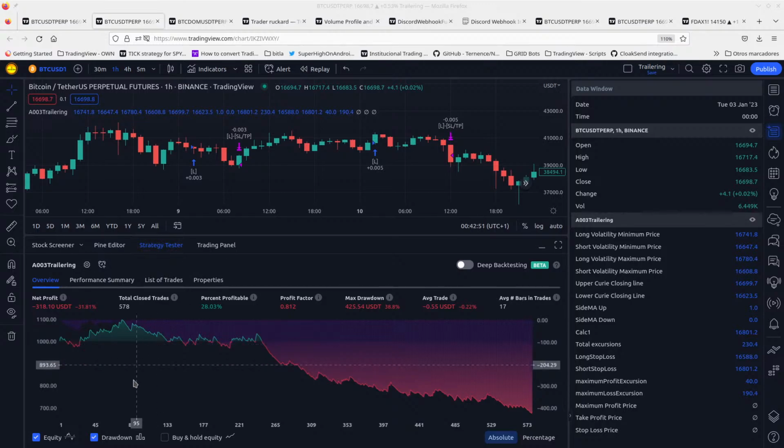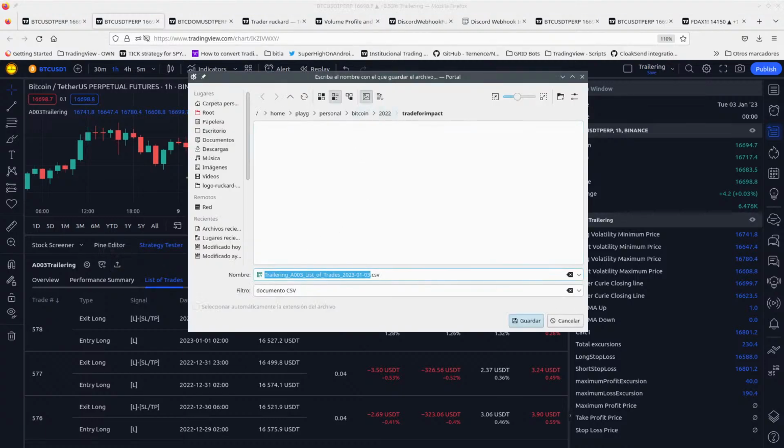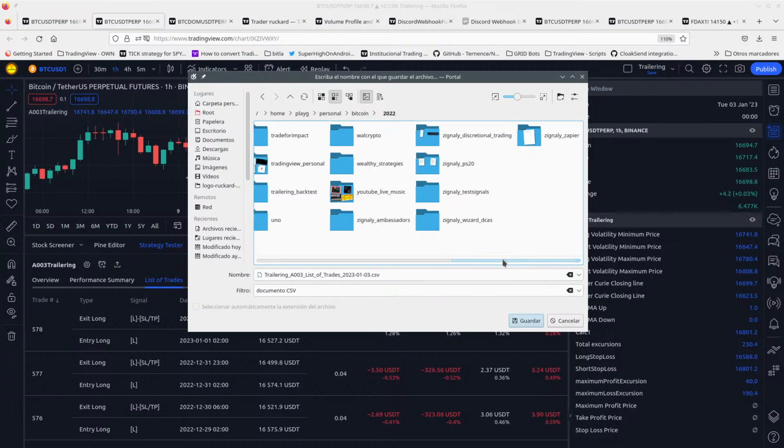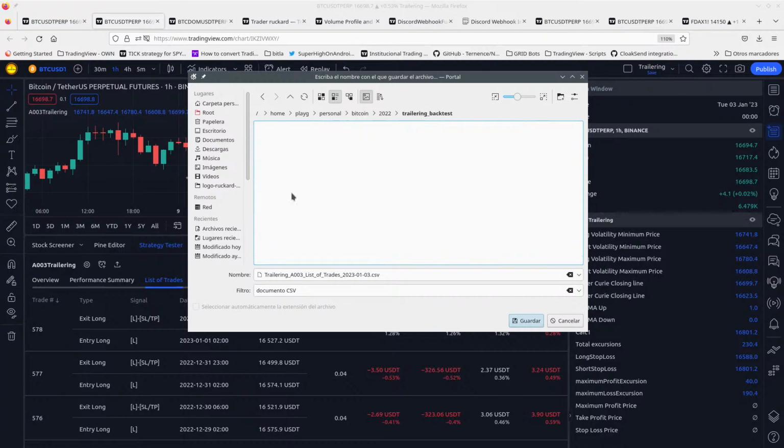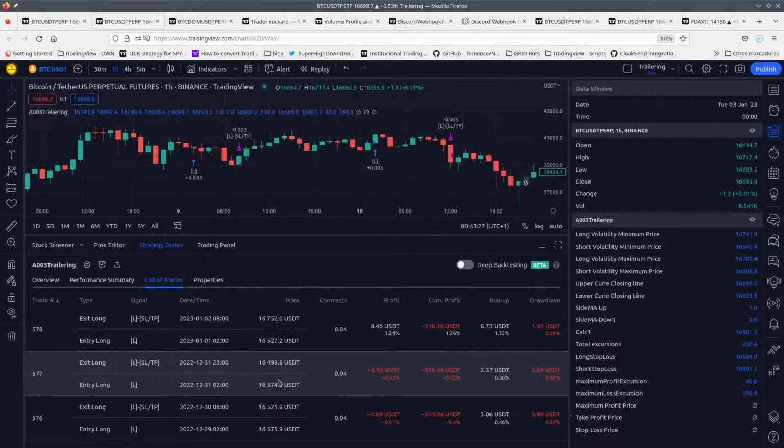Okay, so now we should be able to get a list of trades. We should be able to export this. That's it. So here we have this. What the hell is this trailering? So this is trailering A3 long only to 2.5 ATR, okay?